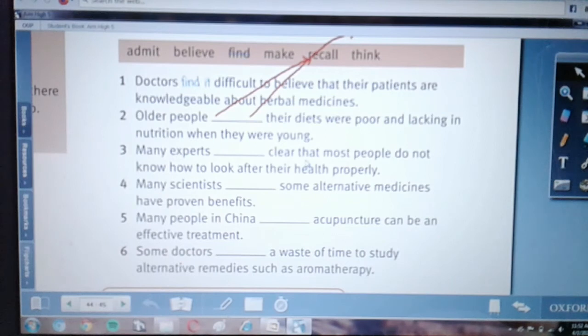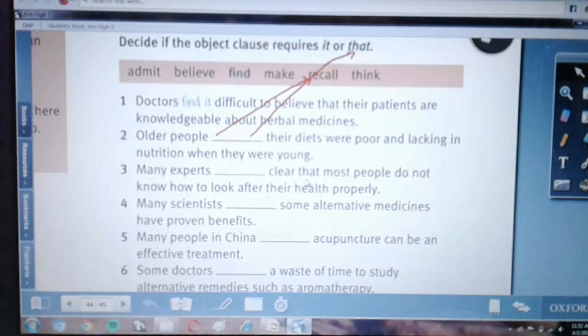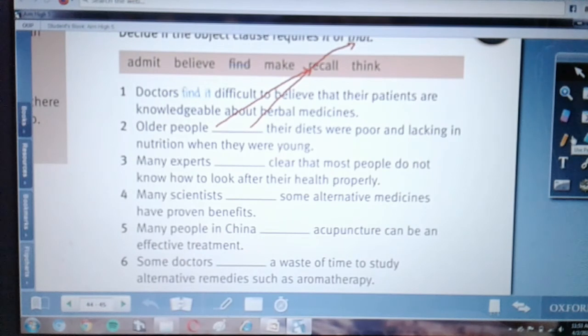Okay, so now, shall we use make it clear or make that clear? Let's try to read the sentence if we put it, okay? Many experts make it clear that most people do not know how to look after their health properly. Then, let's try to use that. Many experts make that clear that most people do not know how to look after their health properly.